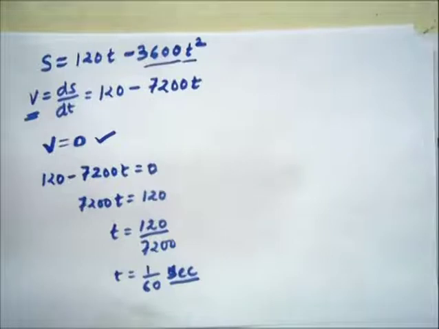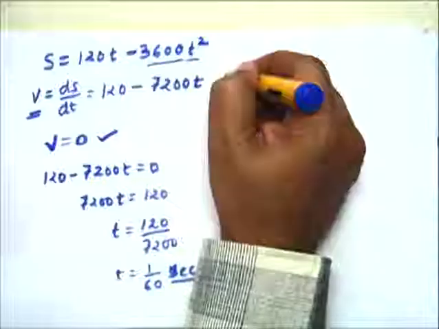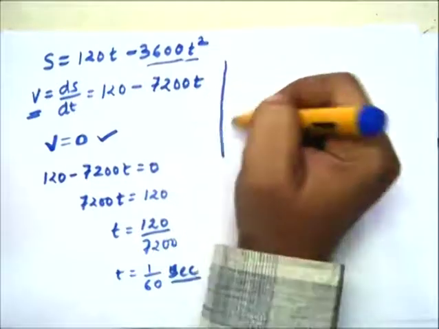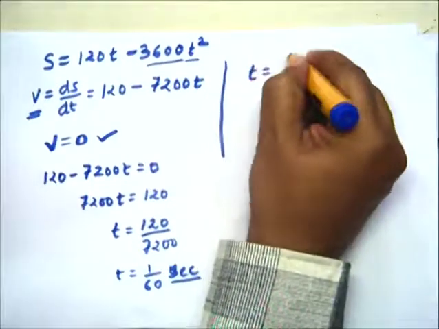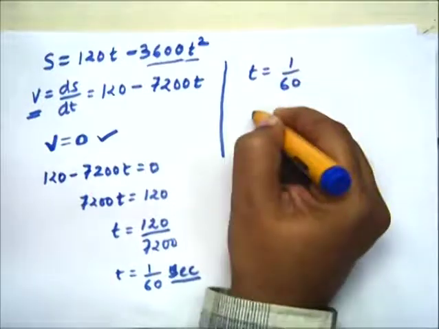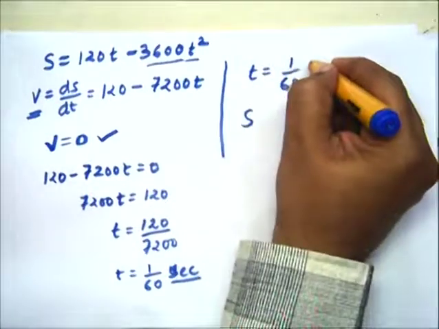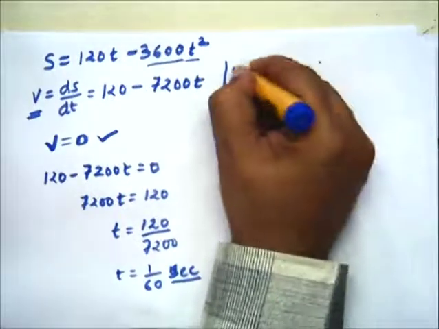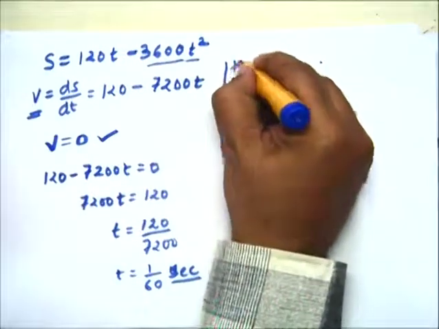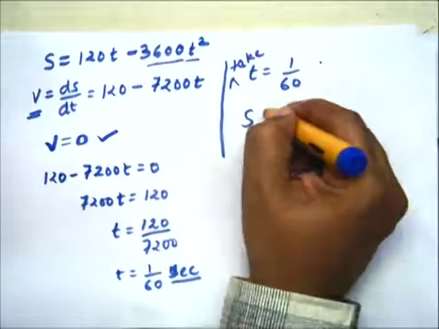So here what we are getting is that in 1 by 60 second the bullet has stopped, which means the distance covered in 1 by 60 second is required. So let us put t equal to 1 by 60 in s.